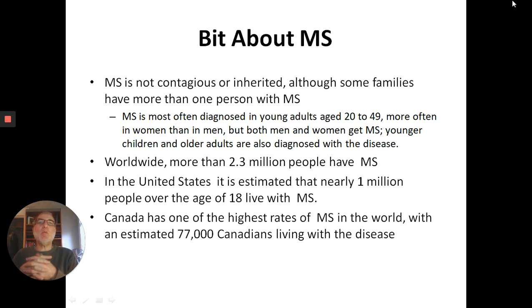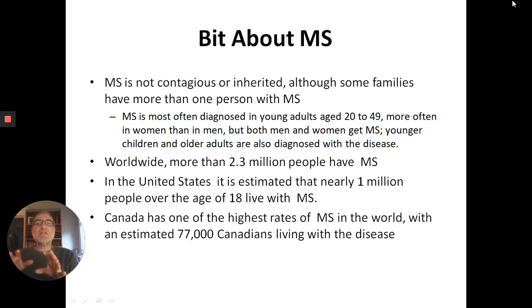I want to give you a bit more about MS. It's not a contagious disease. It's also not an inherited disease, although some families have more than one person with MS. So there is some question about whether you can inherit MS or not. Generally speaking, though, if you have it, it doesn't mean anybody else in your family will have it.